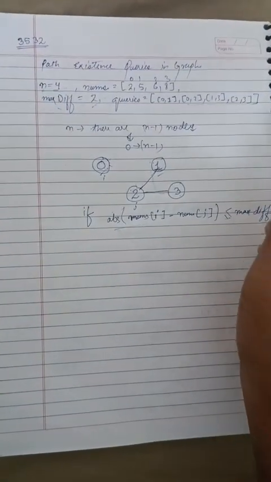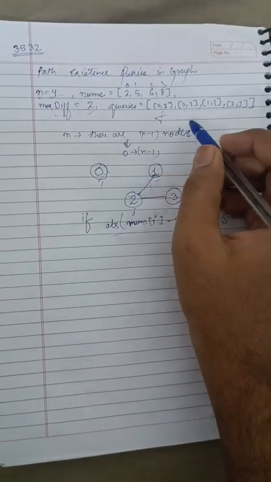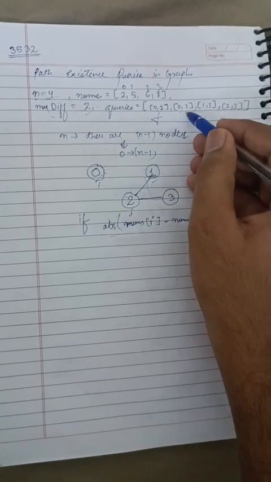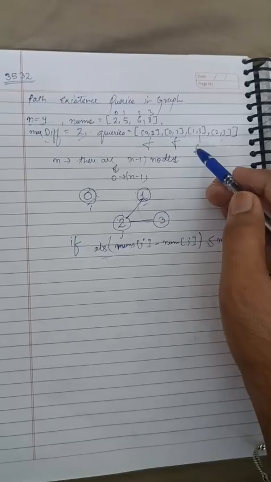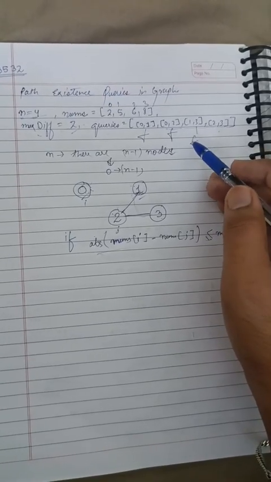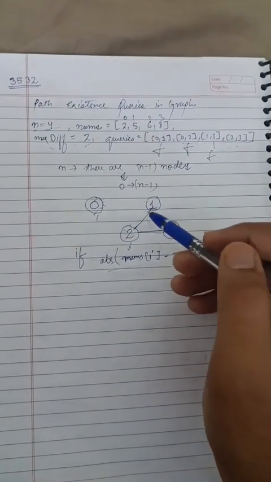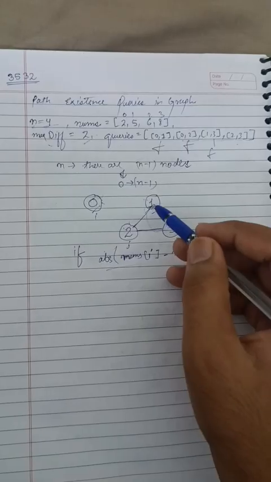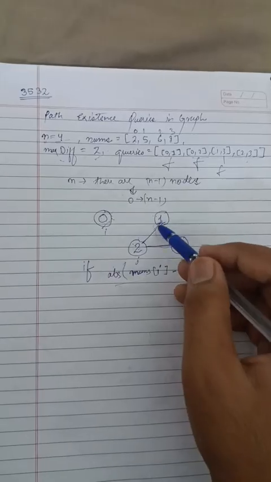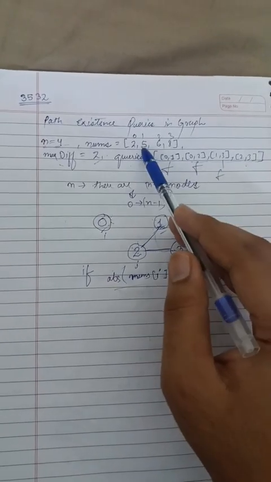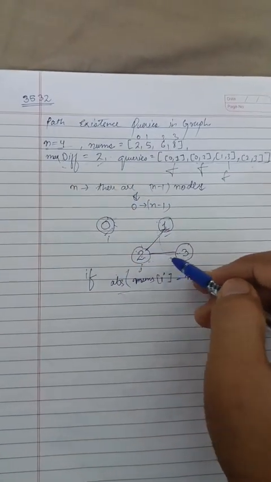Alright, now it's query time. 0 to 1, is there any edge? No, return false, so the answer is false. 0 to 2, is there any edge? No, return false. 1 comma 3, is there any edge? There is no edge directly, but if we go through 2, then there is an edge, right? 1 and 2, the difference is 1 and the maximum difference is 2, yes it is there.